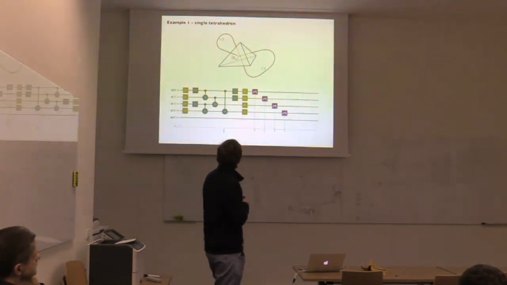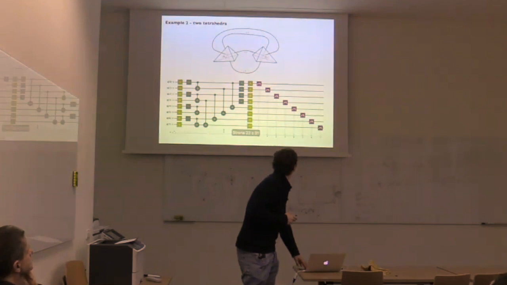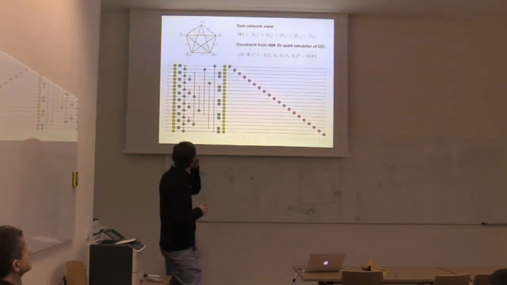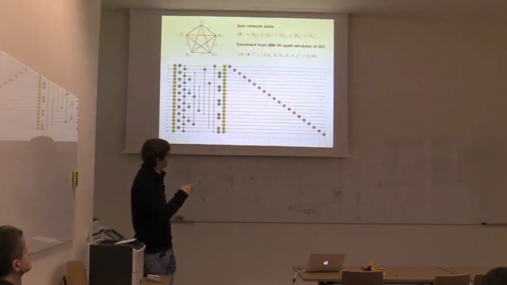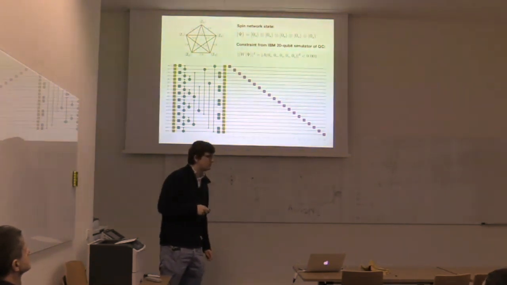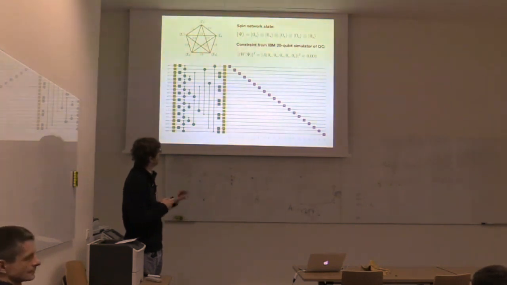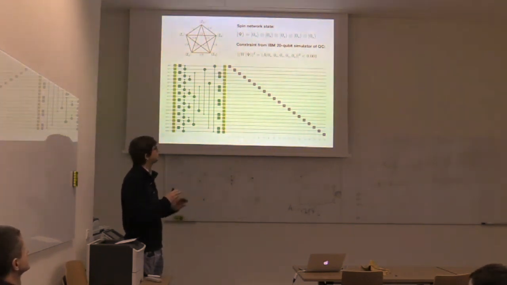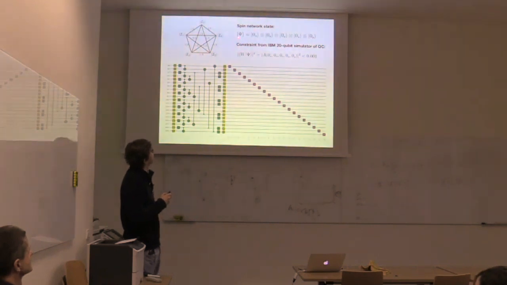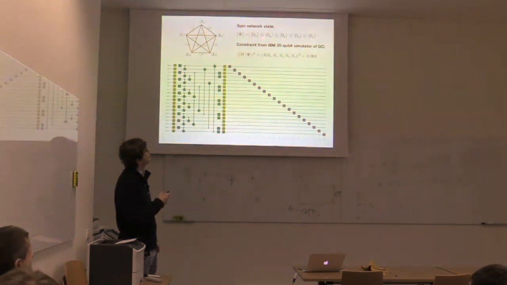This is a simplified case of this, but let me already switch to the final one. The previous examples were just the warm-ups, but let me go to the pentagram diagram. So now we have to execute the amplitude, and as an example, we start with the spin network, which is a product of the 5 basis states.